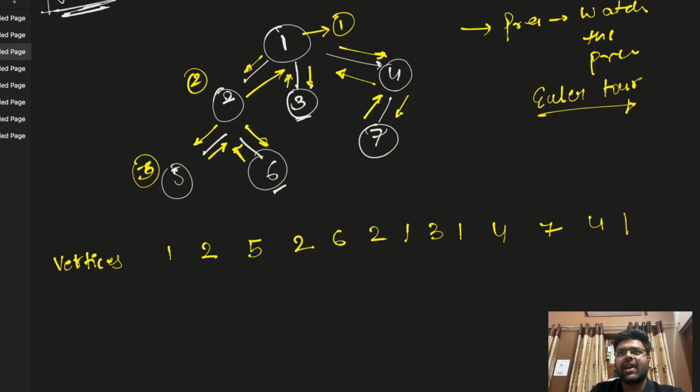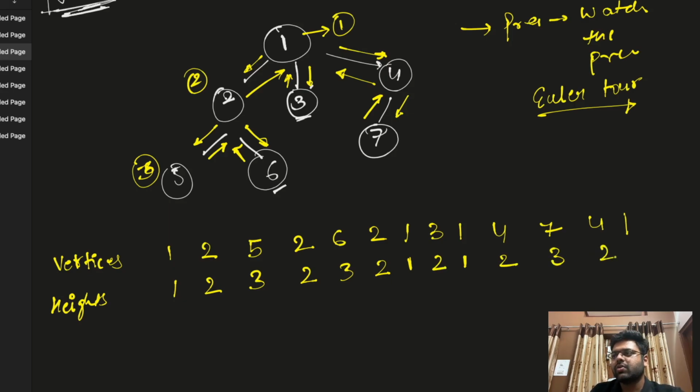And if we write the heights as well, it would be 1, 2, 3, 2, 3, 2, 1, 2, 1, 2, 3, 2 and 1. So this is how your table would look like.